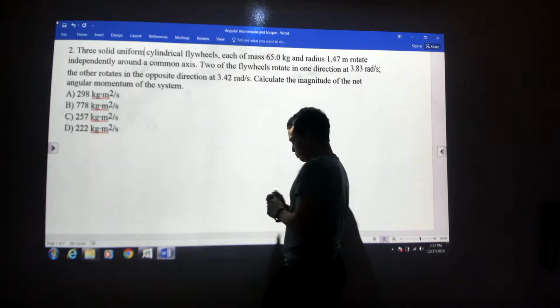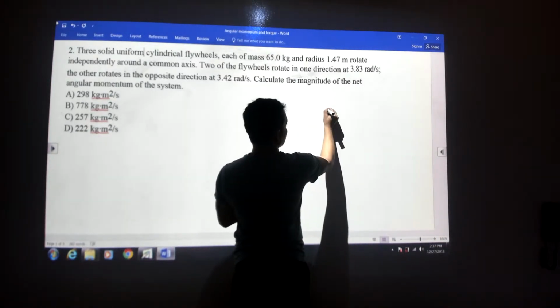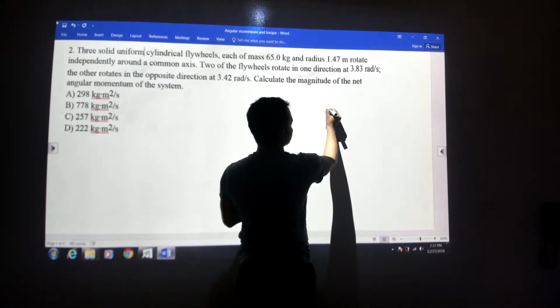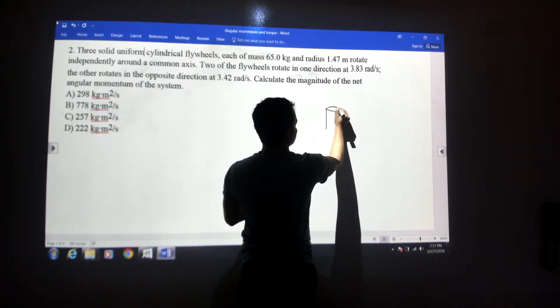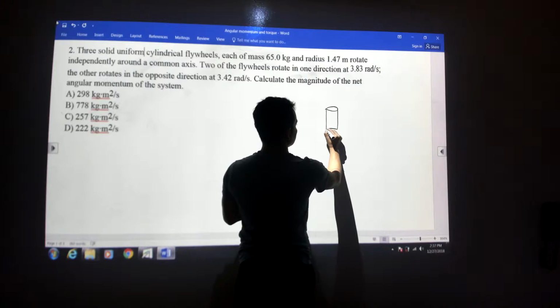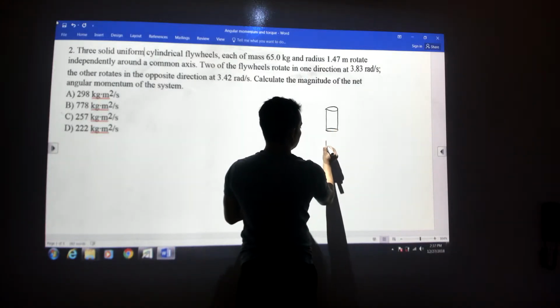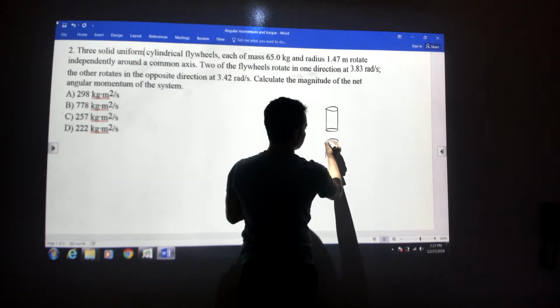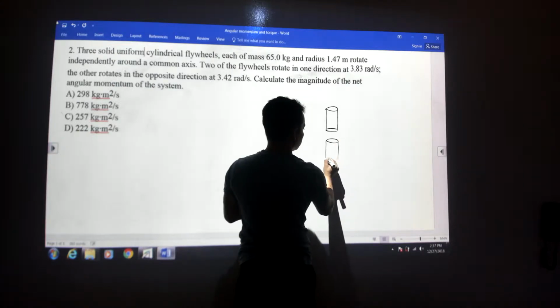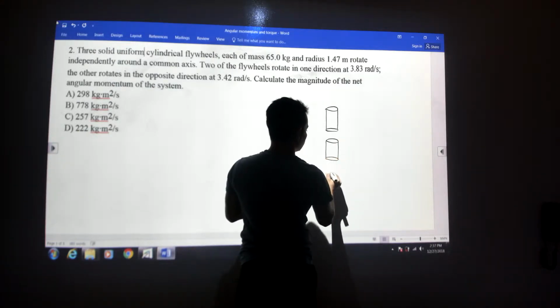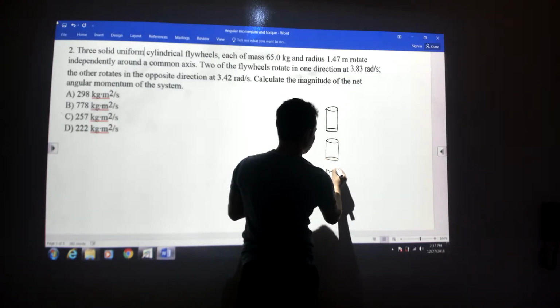So let me explain the problem first. Let's say you have one cylinder, and you have another cylinder. This is your third cylinder.